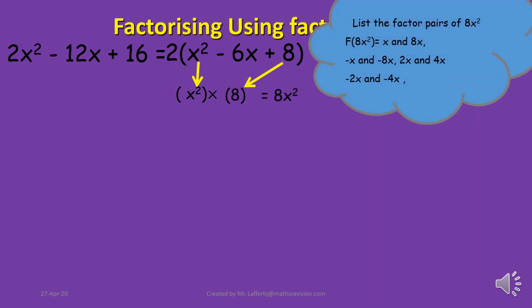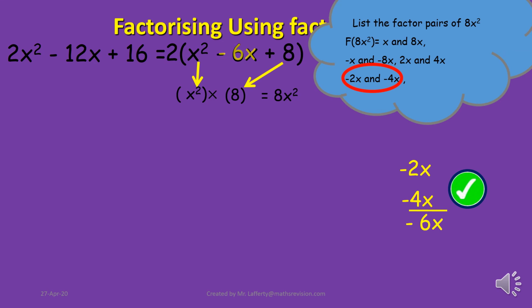Then we list the pairs of factors and identify the pair which gives us the middle term of the trinomial in brackets. We check: do they give us the middle term if we add them up? Yes, they do. So these are the factors we want.